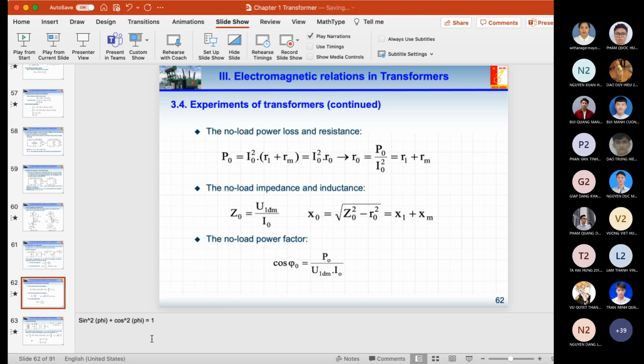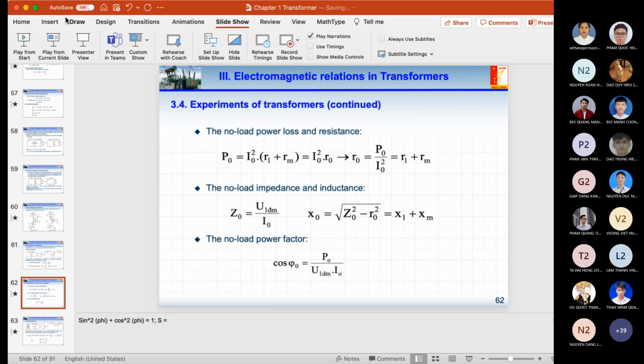When sin phi is high, it means the reactive power of the transformer is high also.